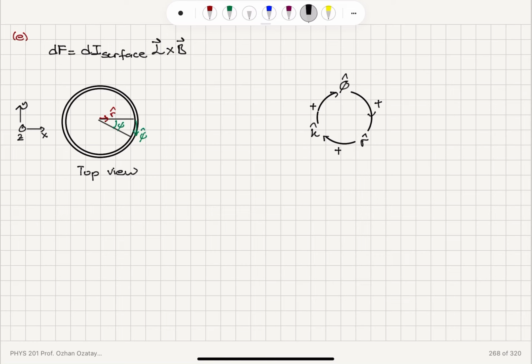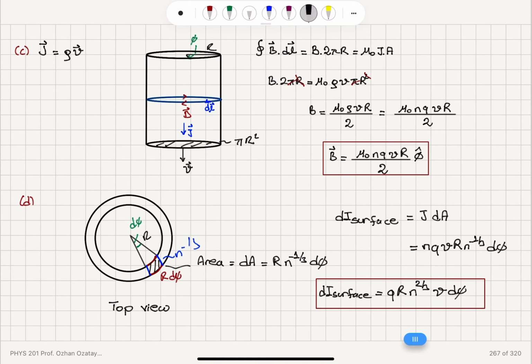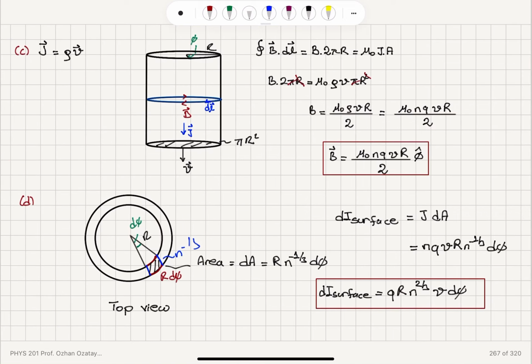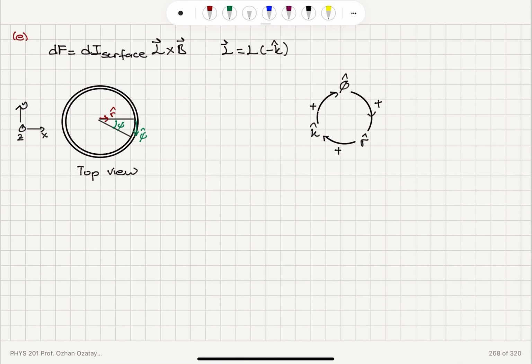Now, what is the direction of L vector here? L is in minus k hat direction. Why is it in minus k hat direction? Because the current is in the downward direction. So this is the top view, so Z is coming up, that's k hat direction.